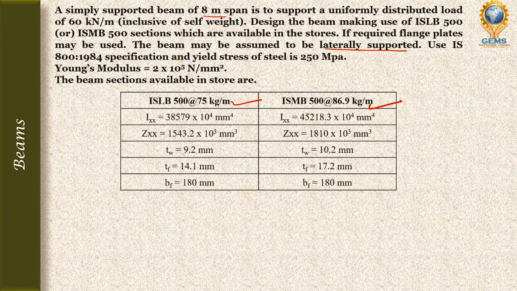So we have to find the required section modulus, and we have to choose any one section between these two, and we have to check for the bending and shear force or deflections. Let's go to the solution.